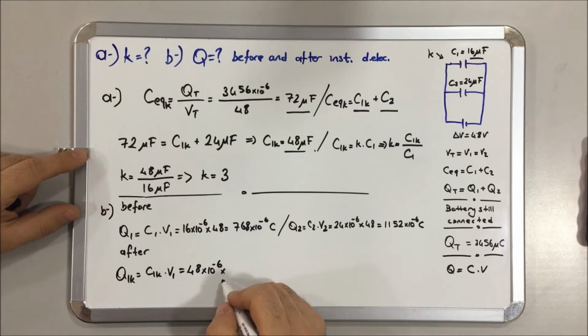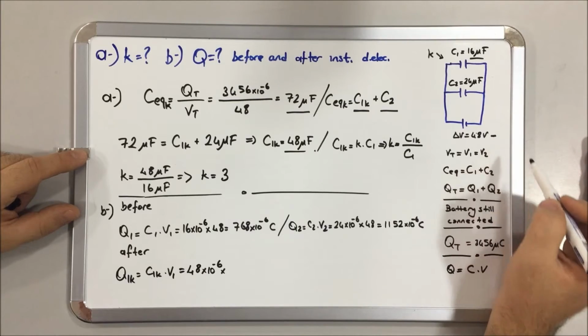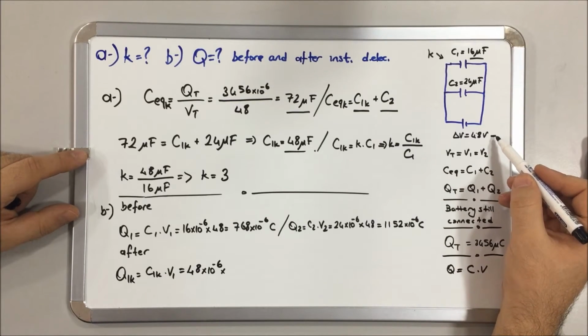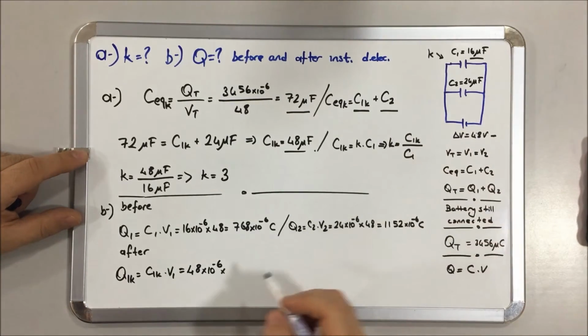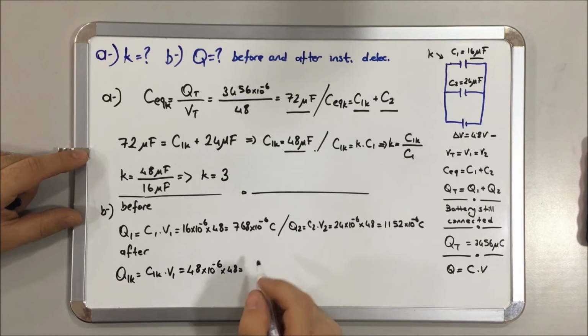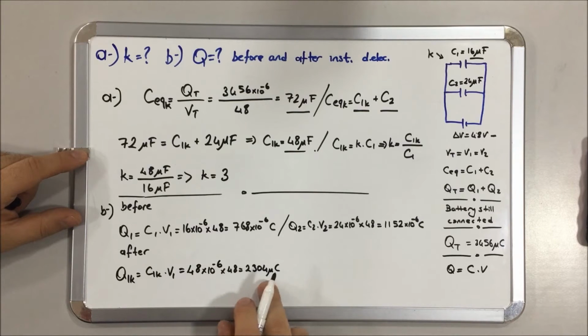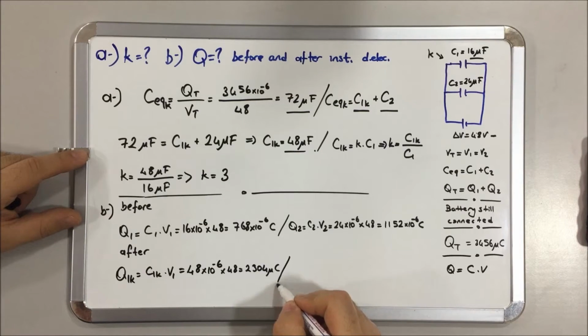What's the V1? It says the battery is still connected, so the potential difference is constant. Potential difference does not change, so it equals the previous one, 48. The result will be 2304 microcoulomb. Instead of 10 to the minus 6, I rewrite it as micro.